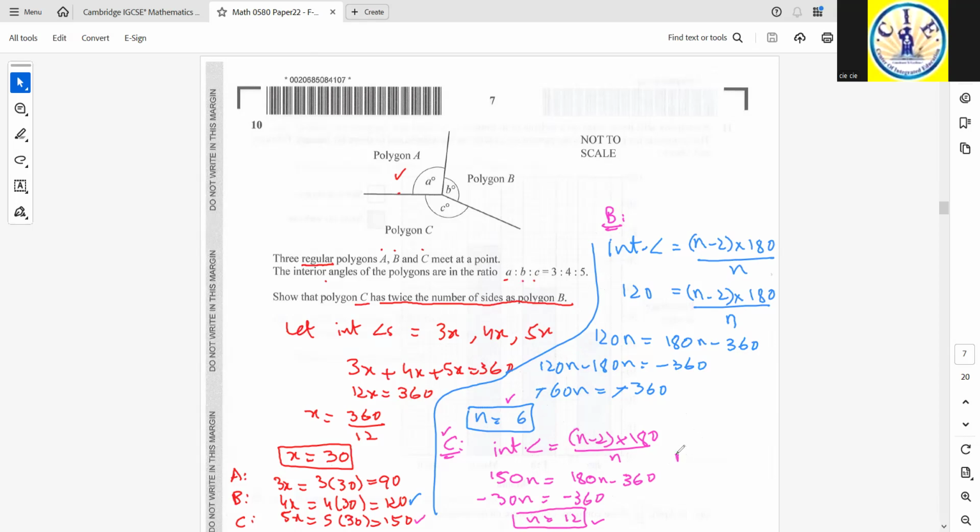So n of C, that is 12, is 2 times 6, or 2 times the number of sides of polygon B. So n of C is equal to 2 times n of B. So that is our answer. So this is how we need to simplify them. I hope you have understood all these concepts up till question number 10.